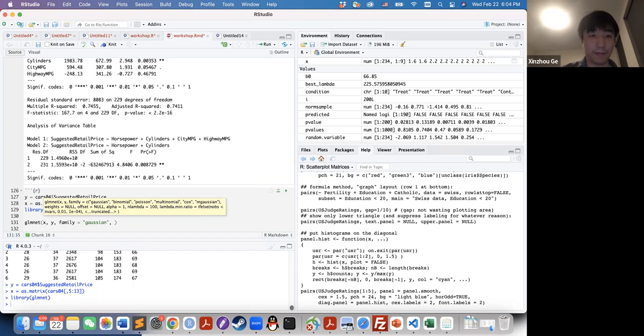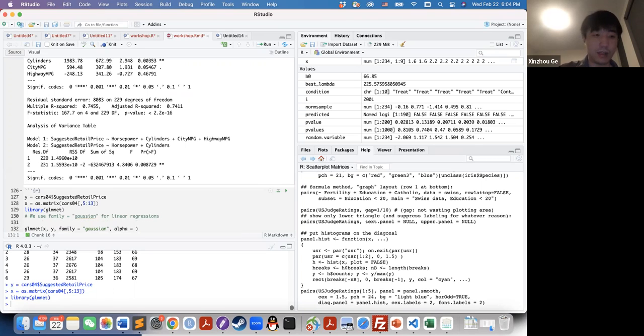So alpha is a tuning parameter. We use family equals Gaussian for linear regressions.